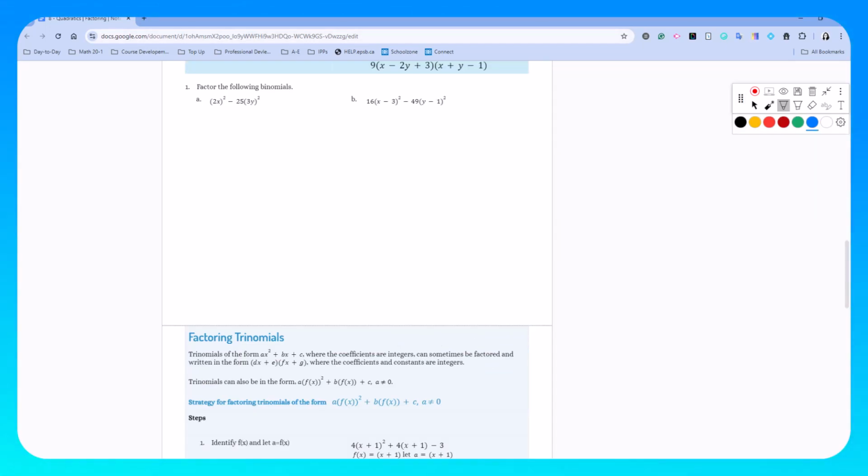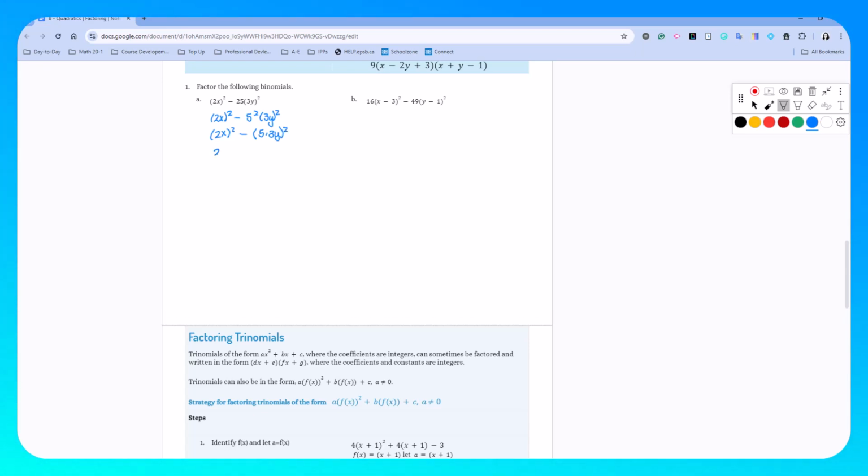Okay, let's look at this one. We're going to factor some of these binomials, so we know we're going to be looking at the difference of squares. I'm going to rewrite this to start. I'm going to leave the first term right now, but I'm going to do what we did before, where we make this 5 squared times 3y squared. And I'm actually going to rewrite (2x) squared minus (5 times 3y) inside the brackets and then put that square.